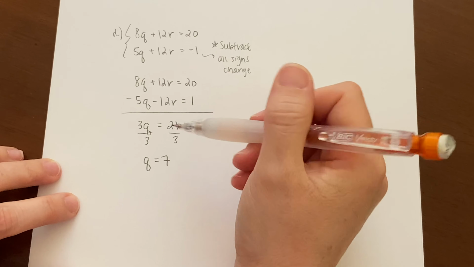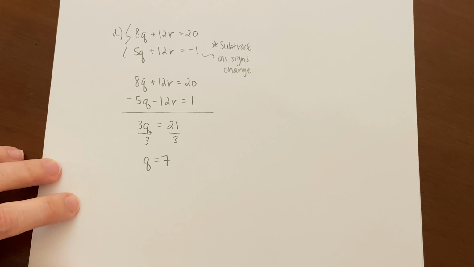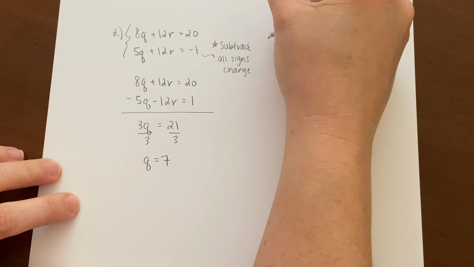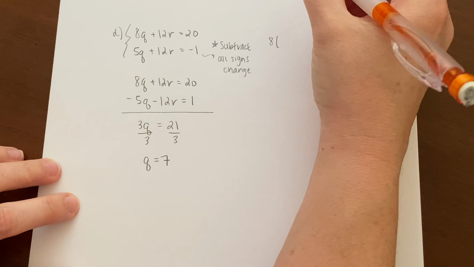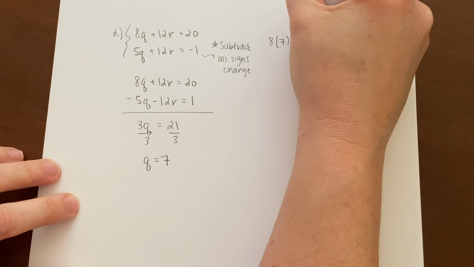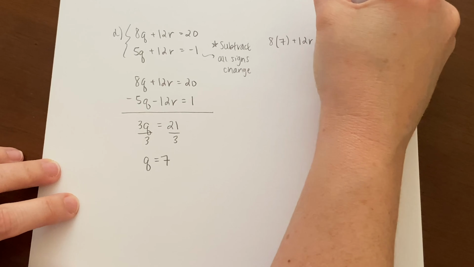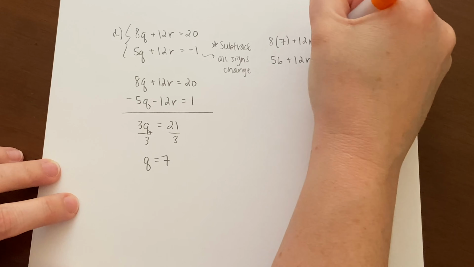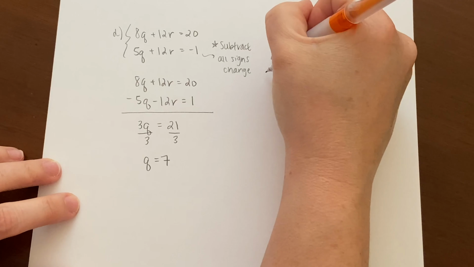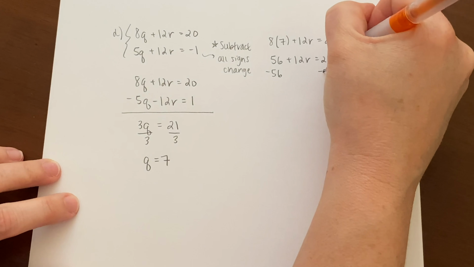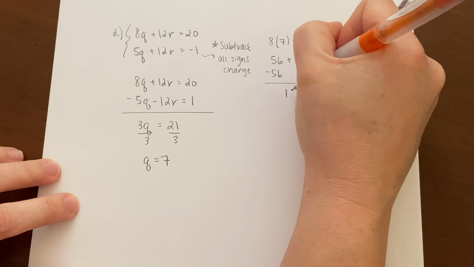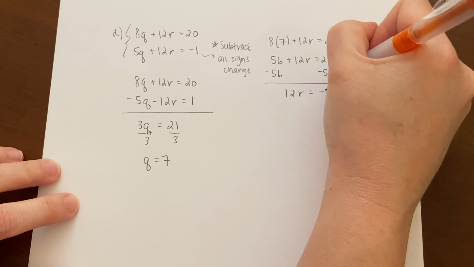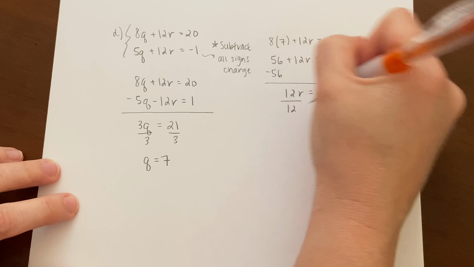That's my first solution. Now I'm going to go back to one of the original equations. I'm just going to use the first one. It doesn't matter which one you choose. We have 8 times 7 plus 12r equals 20. So 56 plus 12r equals 20. I'm going to subtract 56 from each side. 12r equals -36.